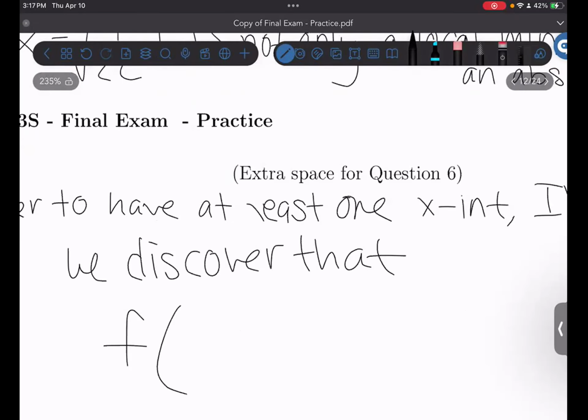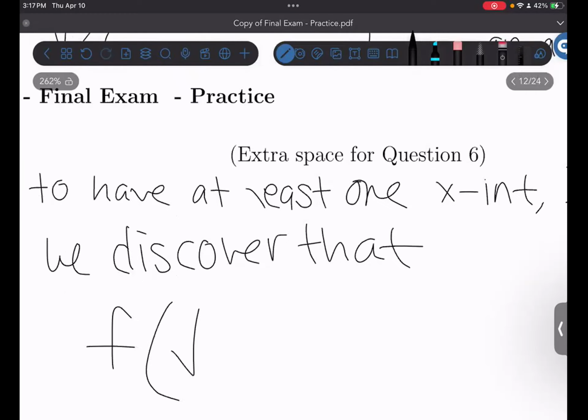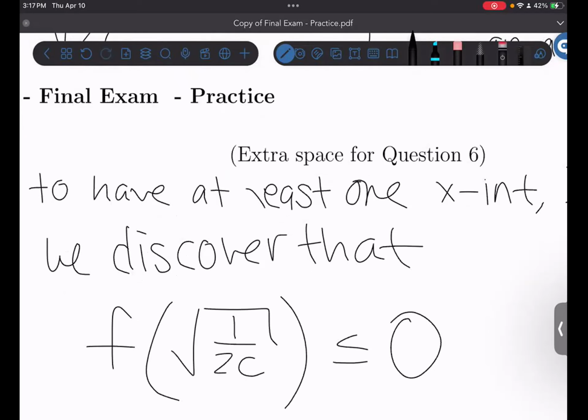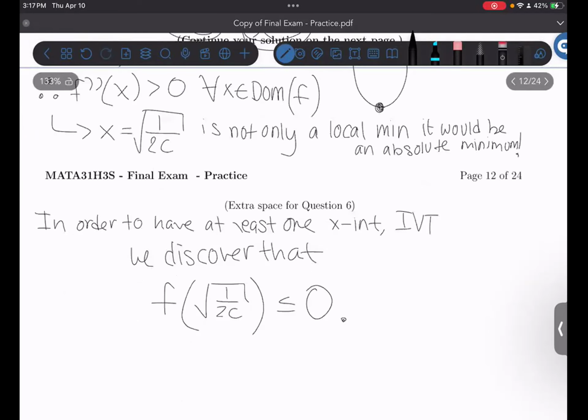Since we know it's the absolute minimum, we need the minimum value to be less than or equal to 0. But why do we need that to be less than or equal to 0? Why can't it be greater than 0?